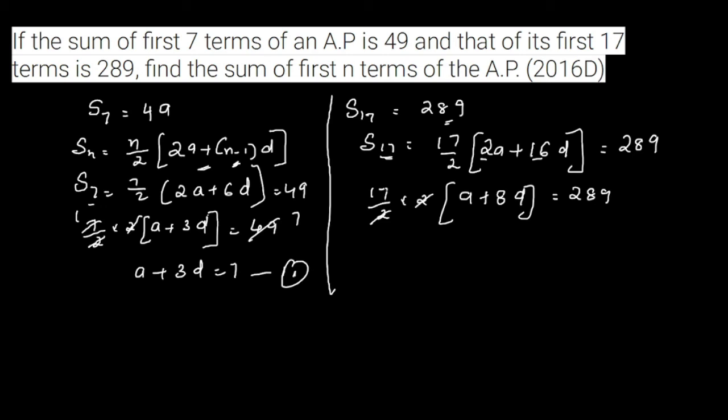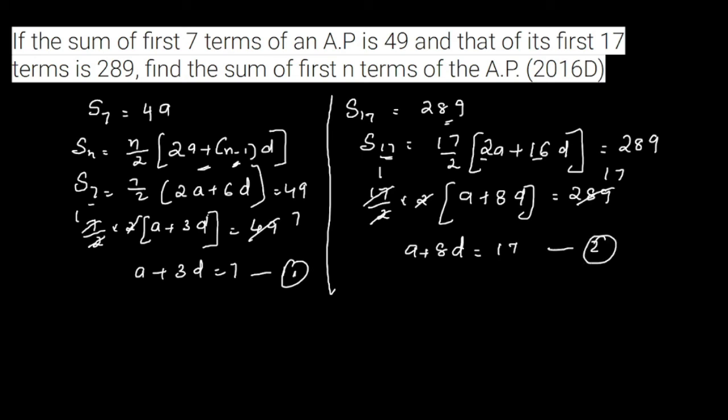Now 17 goes into 289 17 times, since 17 square is 289. Both are divisible by 17, so we can cancel the 17. Then a plus 8d is equal to 17. This is the second equation.